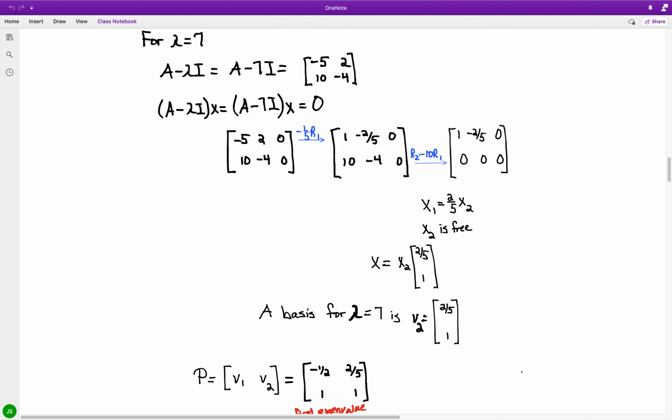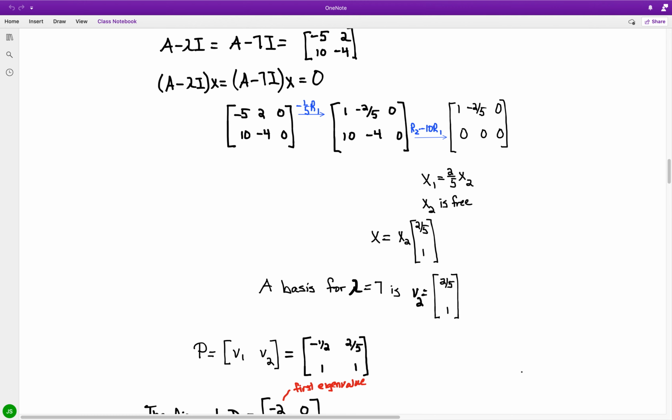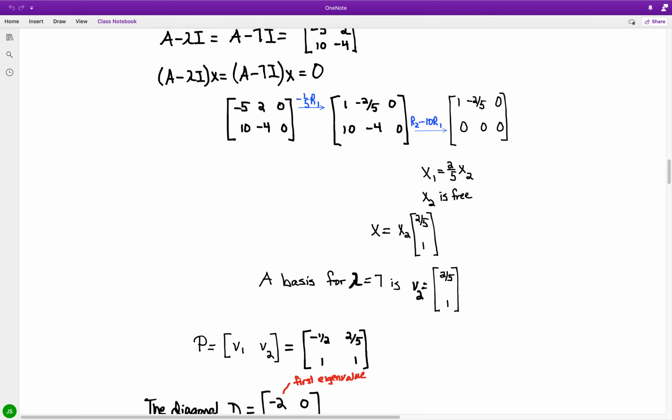Now, I said we will be looking at the determination of P as well as the diagonal D. For P, we have the matrix containing the eigenvectors.